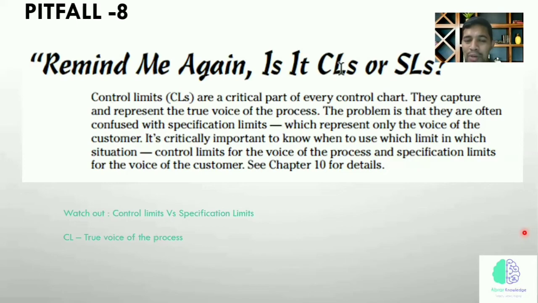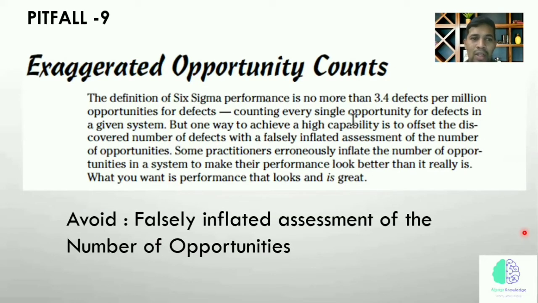And exaggerated opportunity counts is also critically important: a falsely inflated assessment of the number of opportunities. Sometimes we want to show only a good picture, and that is to be avoided. Even if we have not improved in some areas, that's fine, but we still need to find and pick up that offset and keep moving ahead.